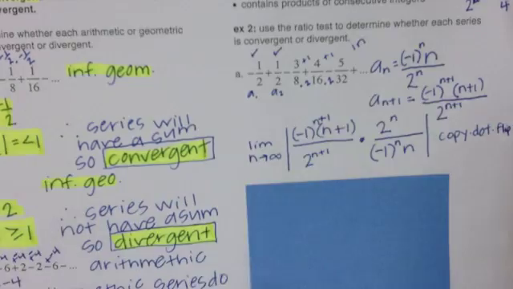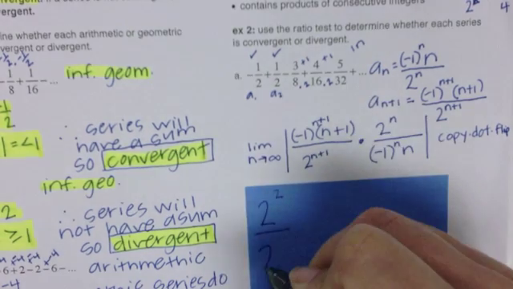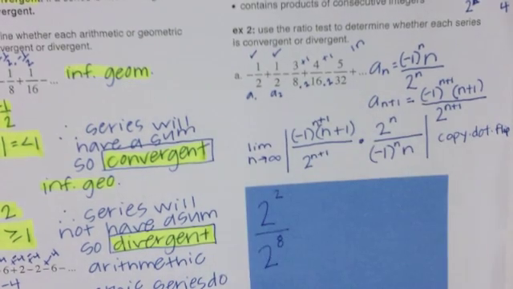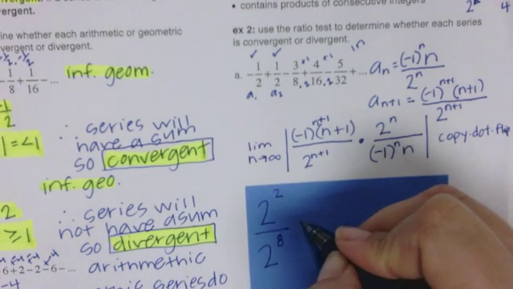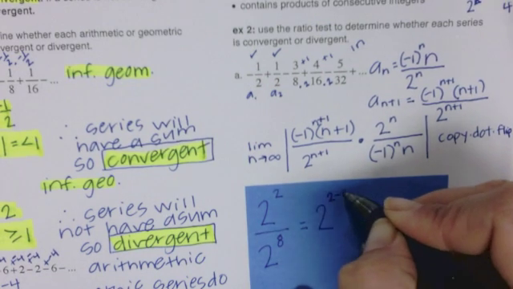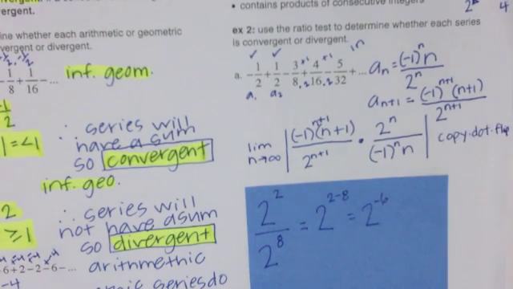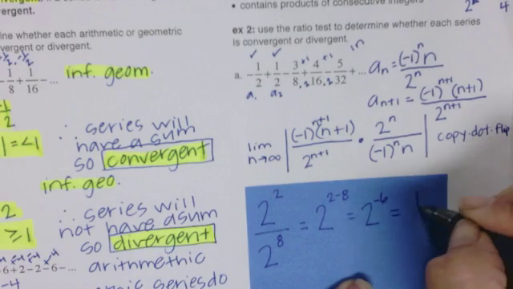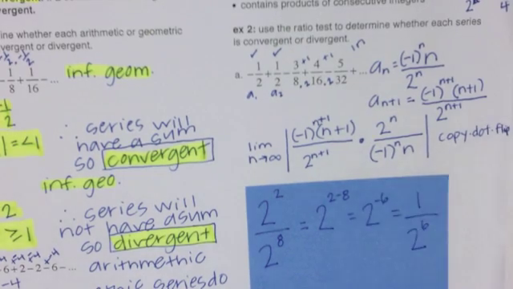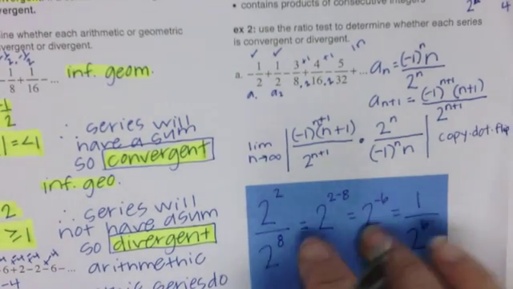Or what if it was flipped? What if I had 2 to the second over 2 to the 8th? I know you guys know what this is without having to break it down this way, but this would be 2 to the 2 minus 8, which equals 2 to the negative 6, which is equal to 1 over 2 to the 6. So I want you to keep those properties of exponents in mind while we simplify this problem right here.